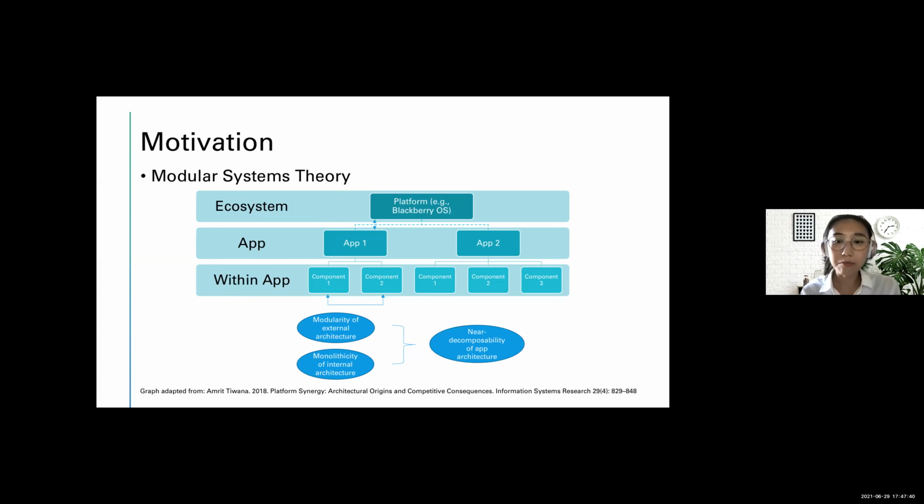The graph here is adapted from a paper that studies app architecture and their platforms, which is built on the theoretical foundations of Baldwin and Clark's work on modular design and Simon's notion of architectural near decomposability, which describes the independence among systems and the interdependence within systems.